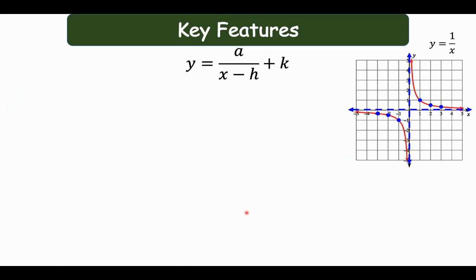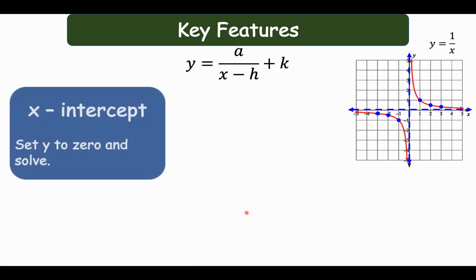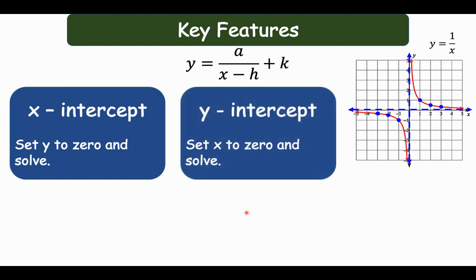Okay, a few more features here. X-intercepts. You find your x and y-intercepts the exact same way you do with any function we work with. If you want to find an x-intercept, you plug in 0 for y and then solve for x, and that's your x-intercept. Same thing with your y-intercept.